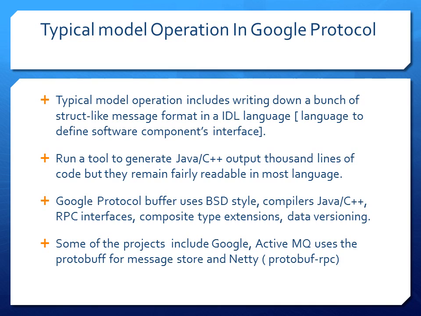They have compilers for Java and C++, RPC interfaces, composite type extensions, and data versioning. Some of the projects include Google, ActiveMQ, which is a cloud-based messaging service, and Netty, which is an RPC service as well. All of those use protocol buffers to help store and send messages around.